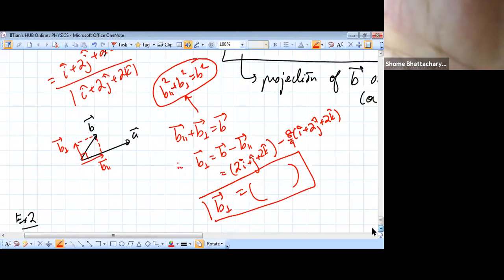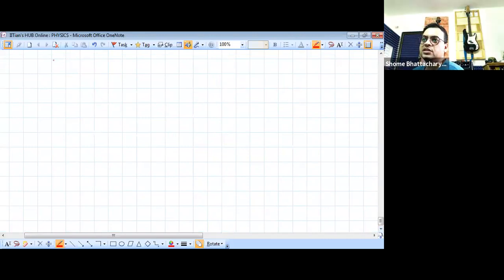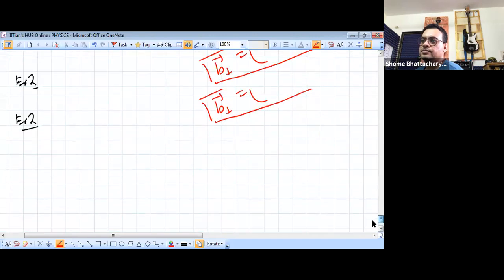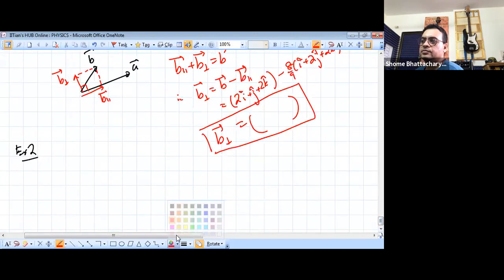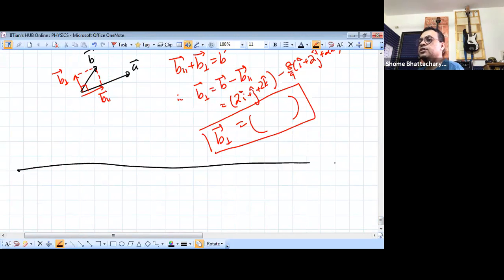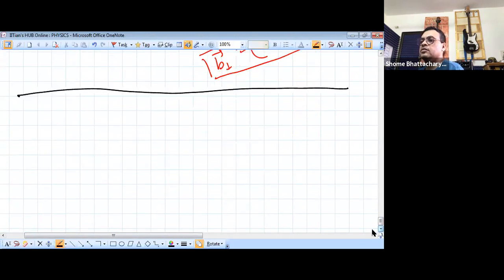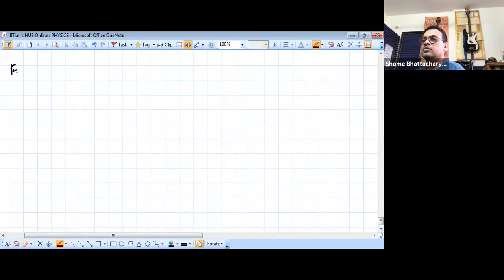Okay, so let's come to exercise 2 and question number 1. Now this is also more or less about the projection concept only.